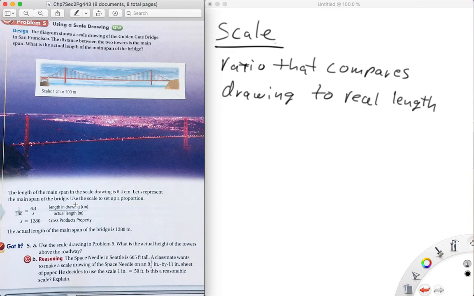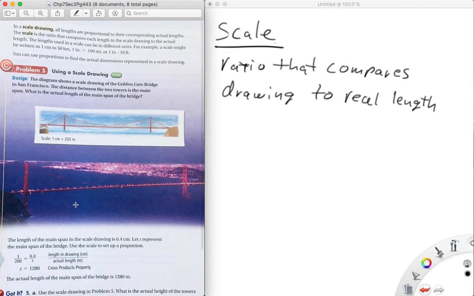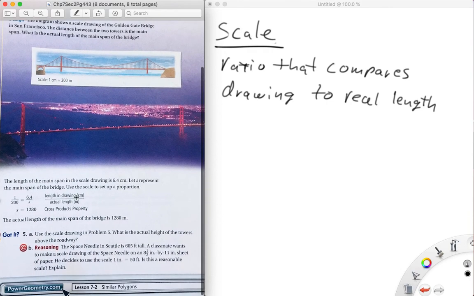Well, if I knew what the height of the tower was, then I could easily set this up. But I don't know what the height of the tower is, unless I'm missing something.